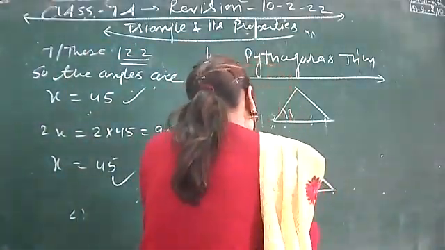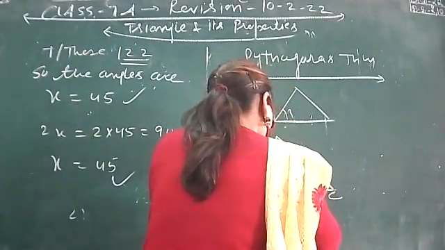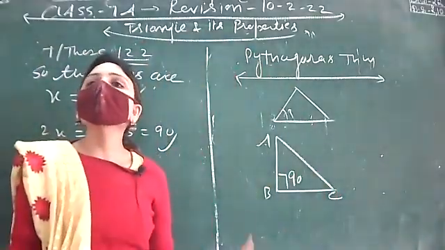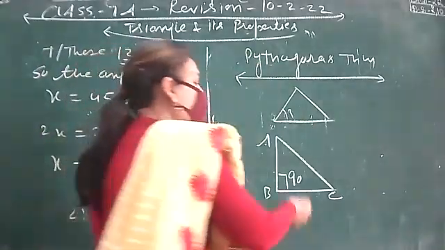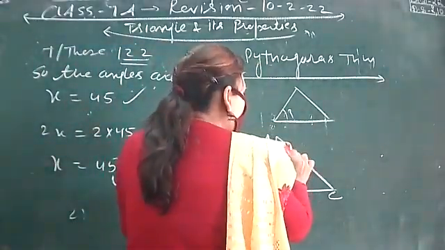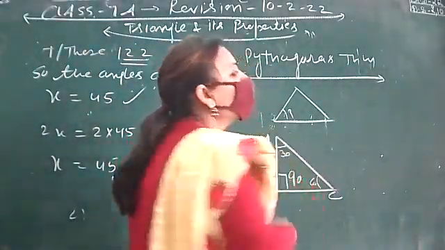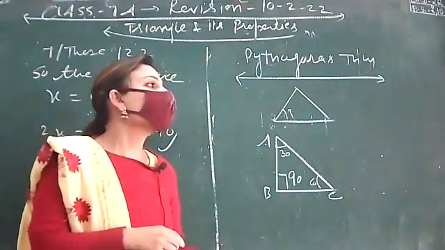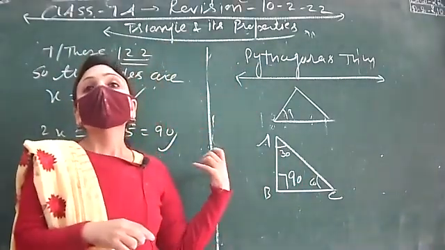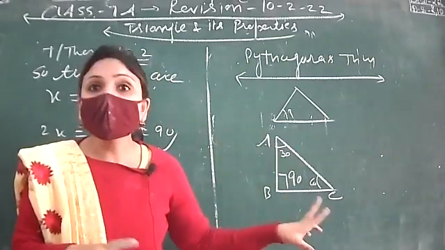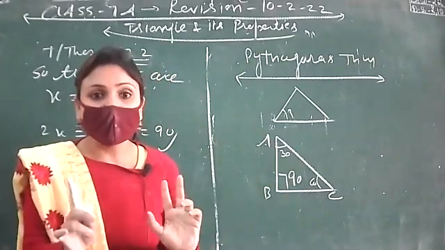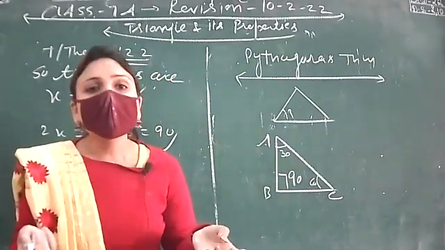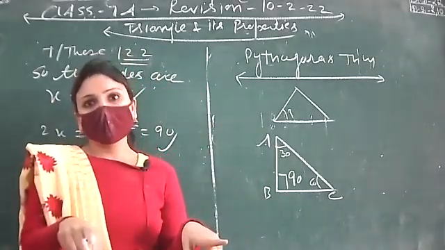This is a right angle triangle. Angle is 90 degree, right? And naturally other angles, they might be 30 and 60. And in right angle triangle, in this case, what we see that sum of two angles is not greater than the third angle. It comes out to be equal to the third angle.